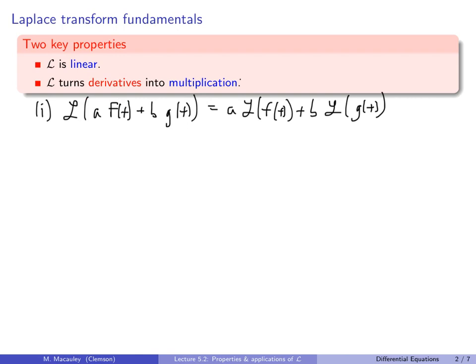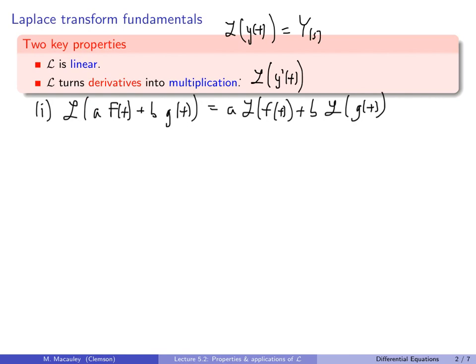I mean that the Laplace transform of a derivative of a function. Let's suppose that you have a function y of t. You compute its Laplace transform, and we usually denote that as capital Y of s.